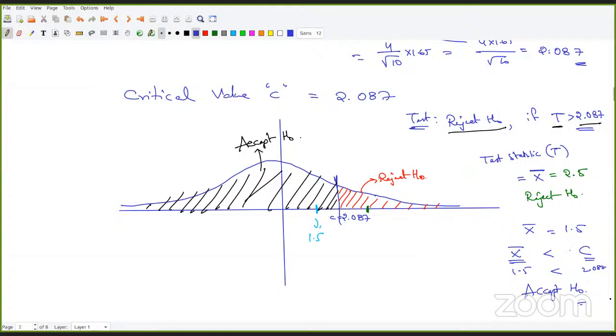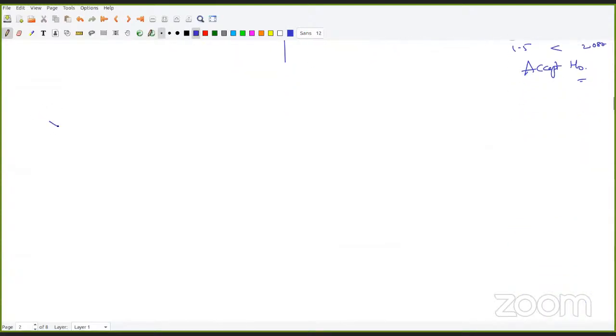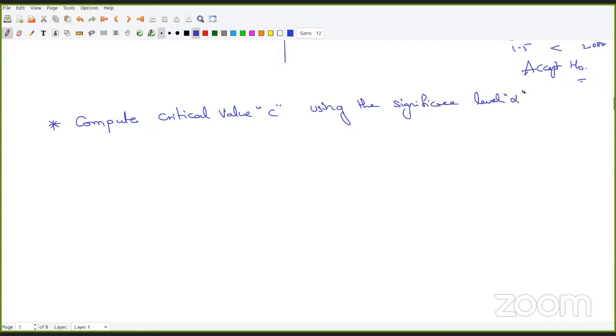This particular testing for means. Once you know the significance level, this is what we do. We compute the critical value C using the significance level alpha.